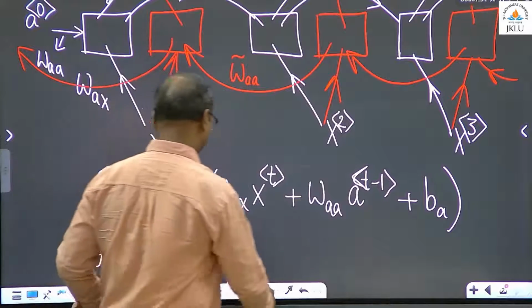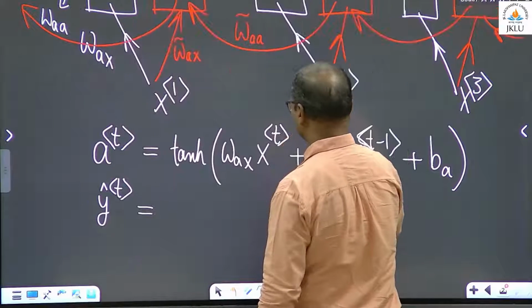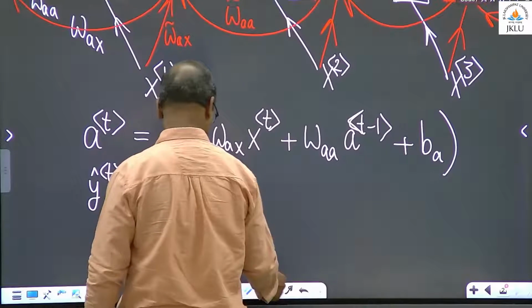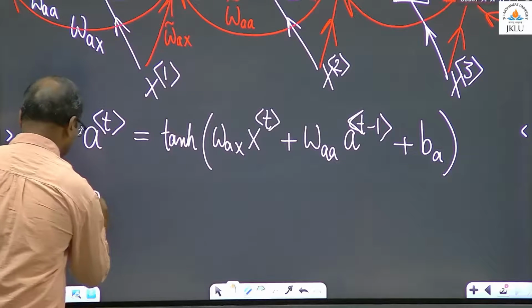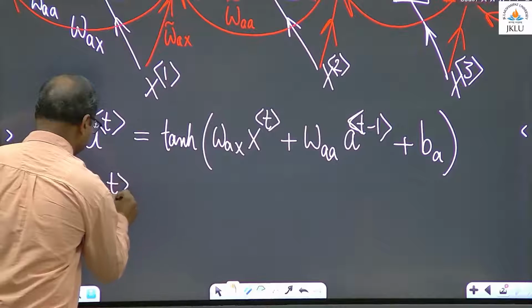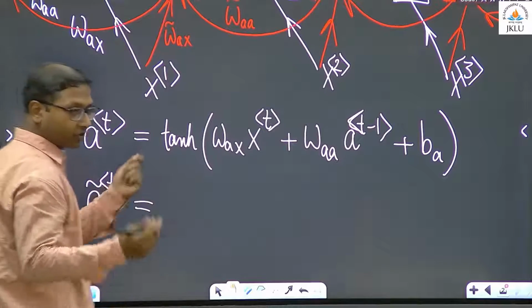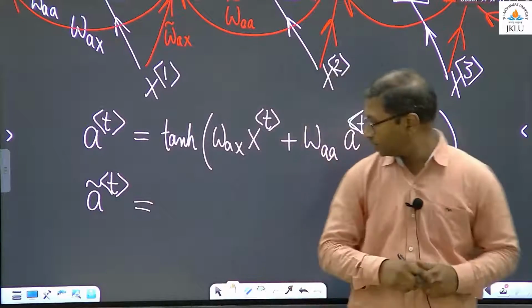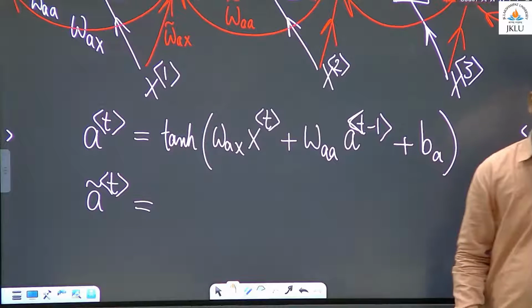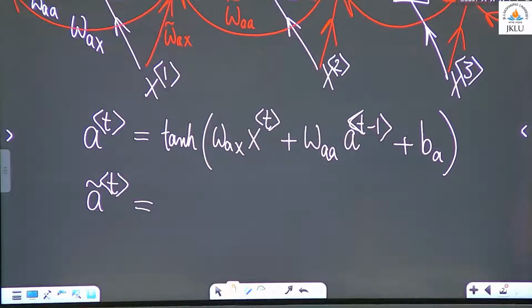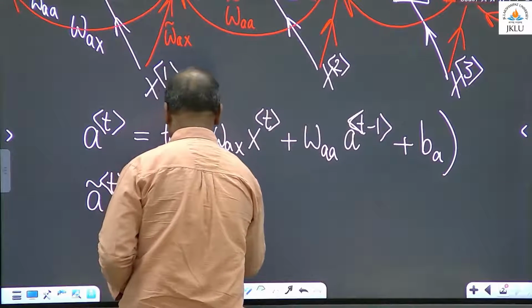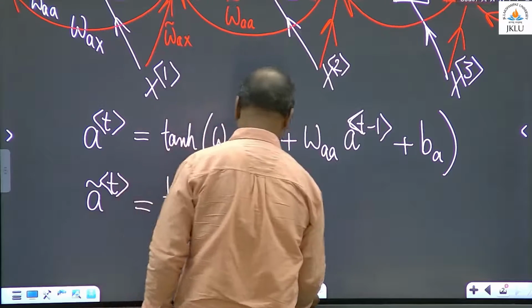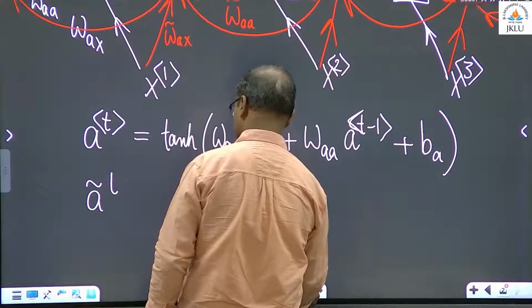I will write y hat t later, but can you help me write A tilde t, where tilde I am denoting for the reverse direction. Okay. What will that be? So AT will be tanh, or maybe I can write this whole thing in red.